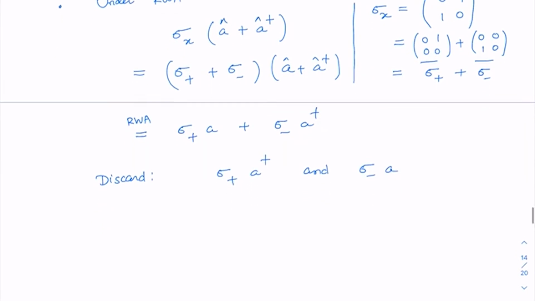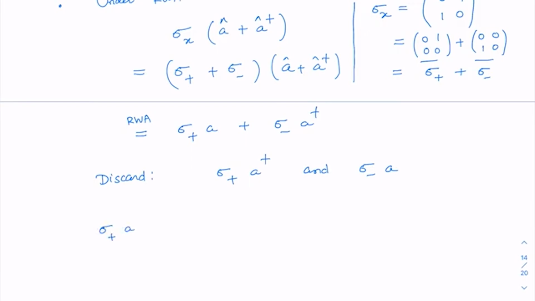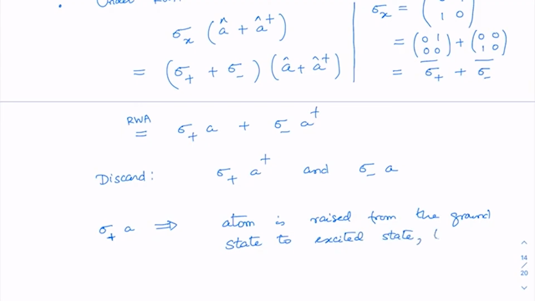This is physically reasonable because, for example, sigma plus a implies that, since sigma plus is the atomic raising operator, the atom is excited from the ground state to the excited state, and in the process a photon is getting absorbed.